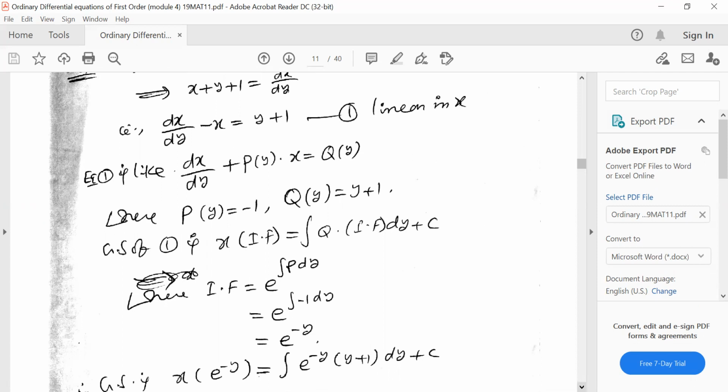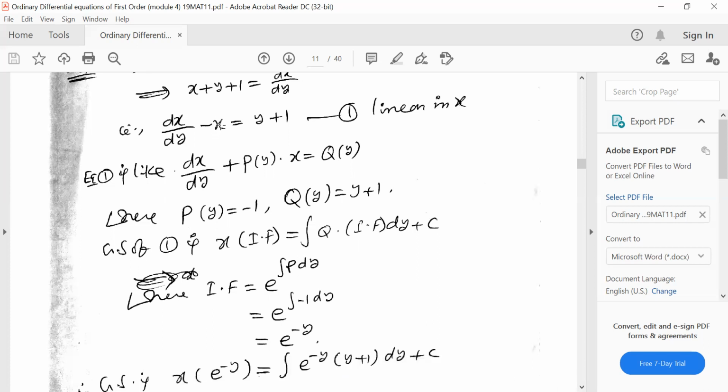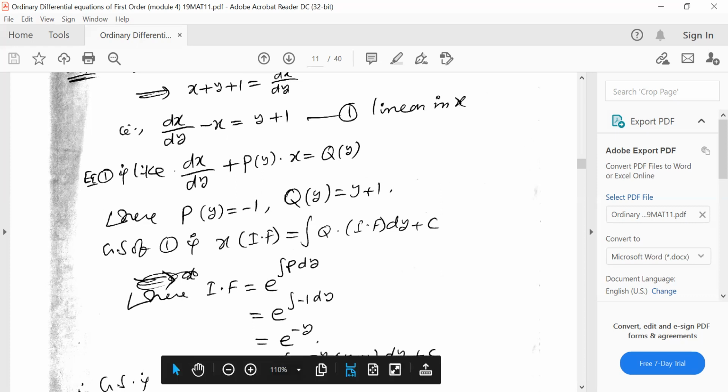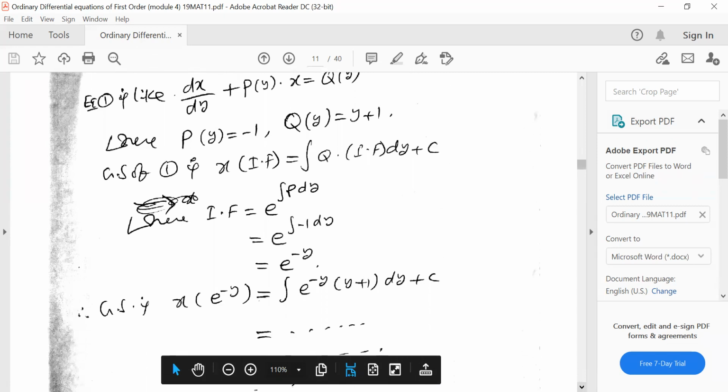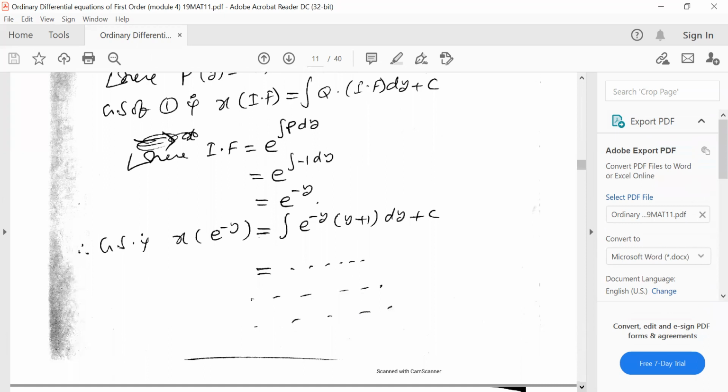If you see in the equation, there is no y present here. Even then it can be considered, because a constant is also a function of y. Because here q is also a function of y, here the constant is also a function of y. That way it is considered. So now e power integral minus 1 is e power minus y and the general solution.